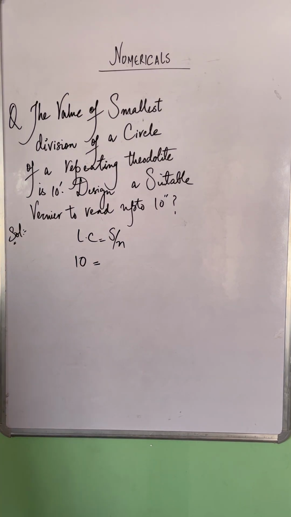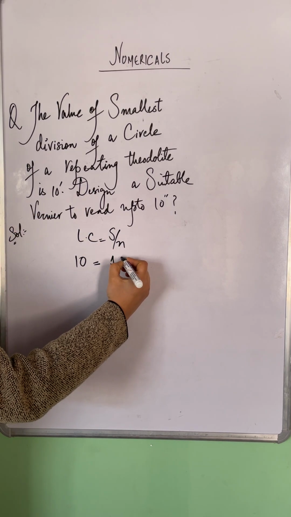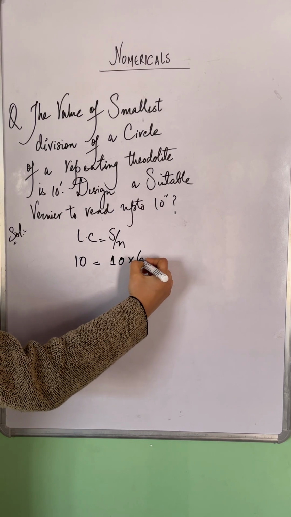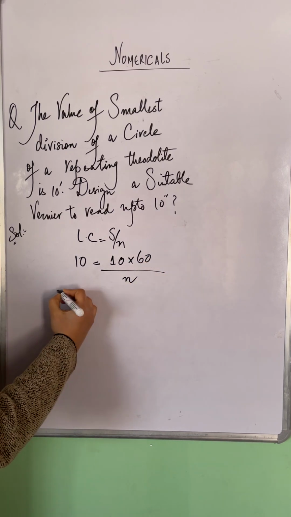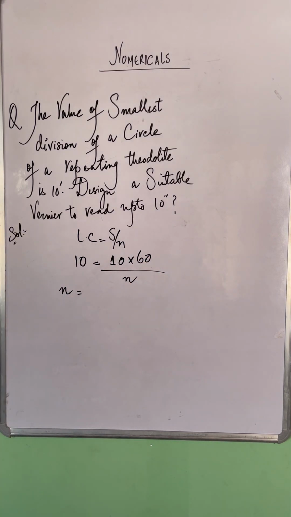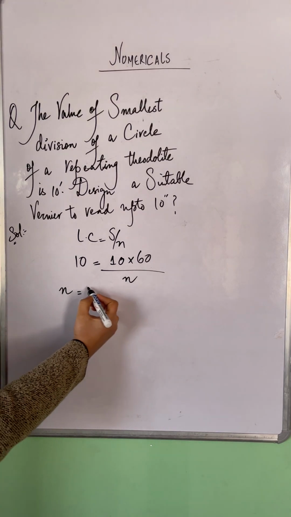What is my S? The value of smallest division of a circle of a repeating theodolite is 10 minutes. So that is S. S is the smallest division on the main scale, and that in this case is 10 minutes, but we'll convert it into seconds, and my N will be equal to 60.